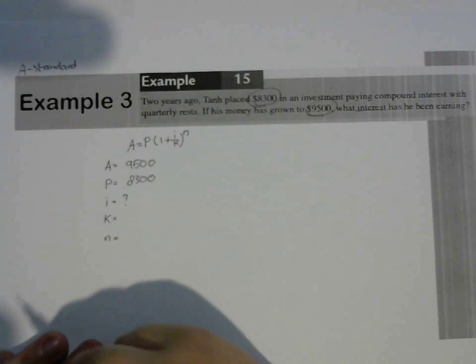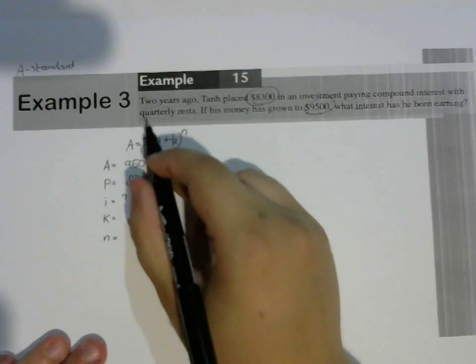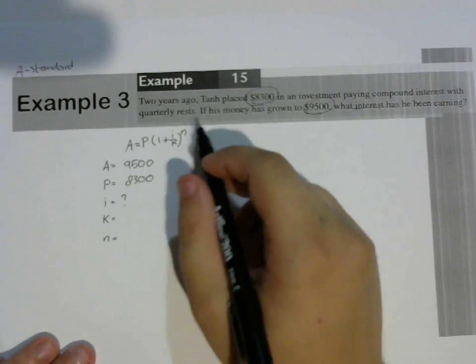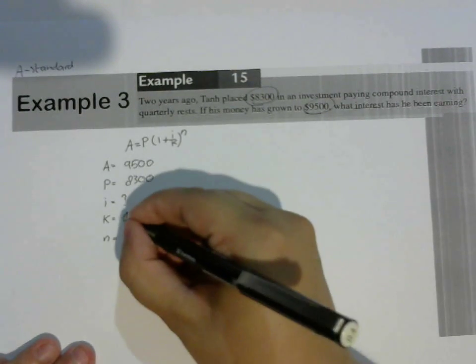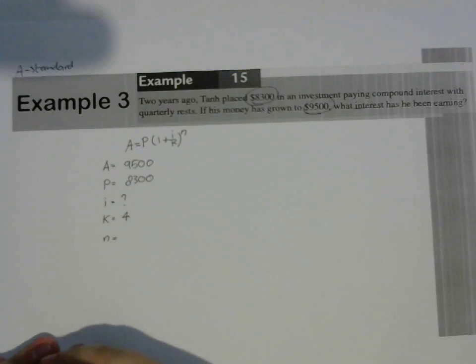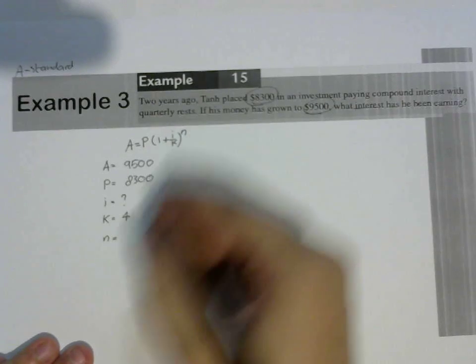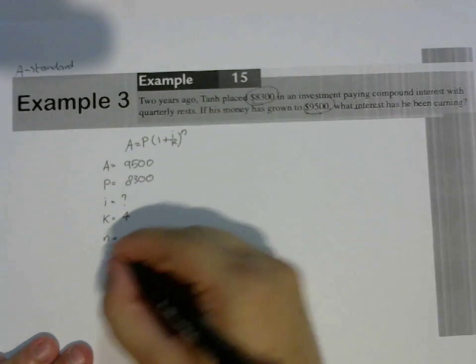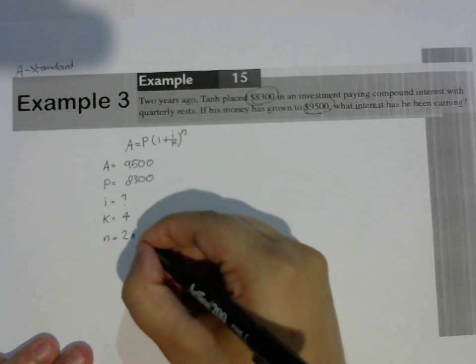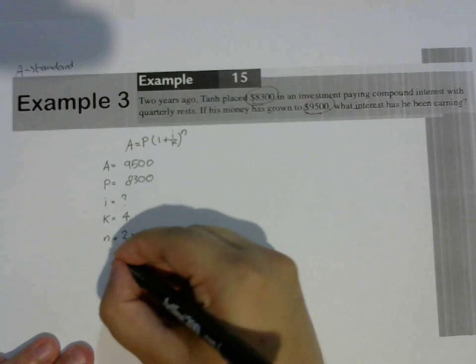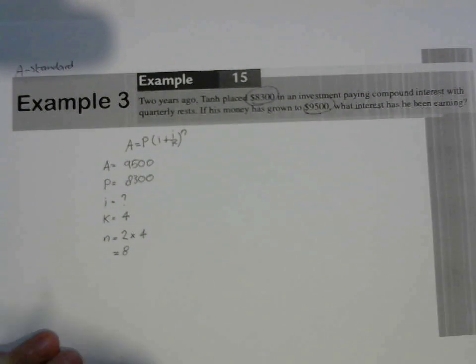K is the number of rests per year, and we have quarterly rests. There are 4 quarters in a year, so K is 4. Tan started his investment 2 years ago, so the number of payments is 2 times 4 quarters per year, which is 8 quarters in total, so N is 8.